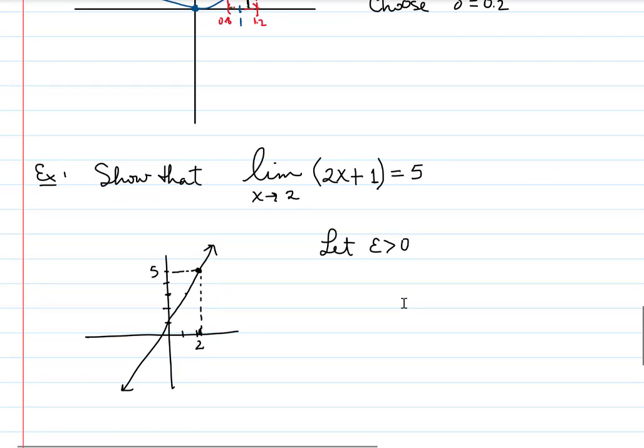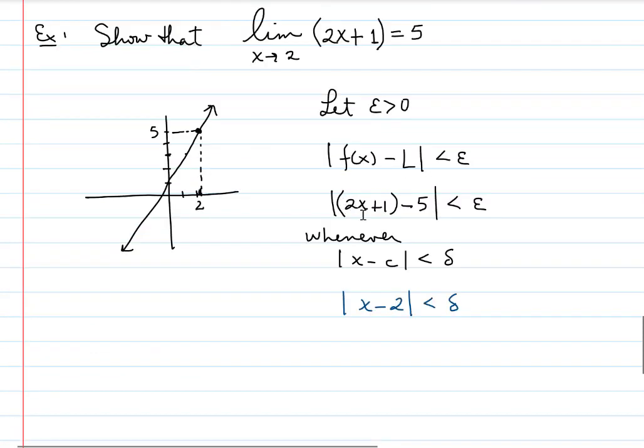So we write it in here. The idea is to work backwards from the end and make this fit into that, so that we can involve delta here with our inequality with epsilon.